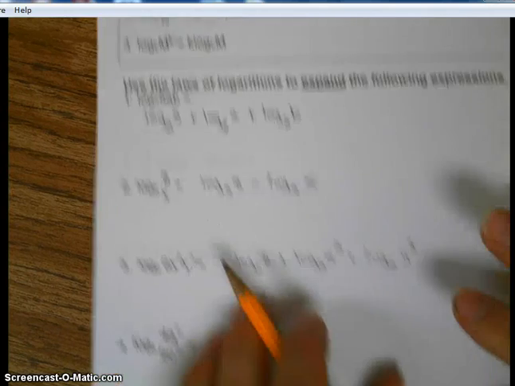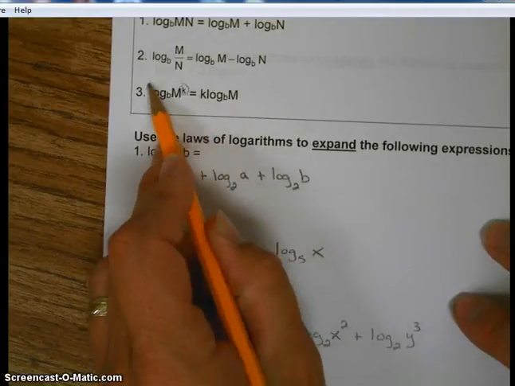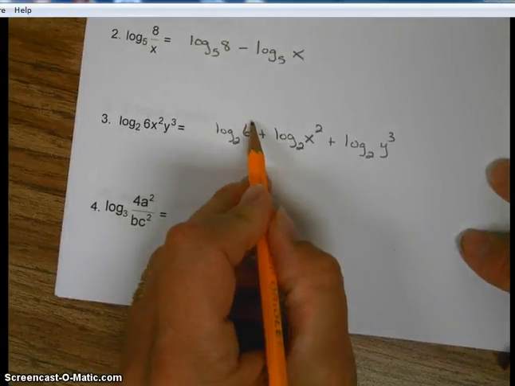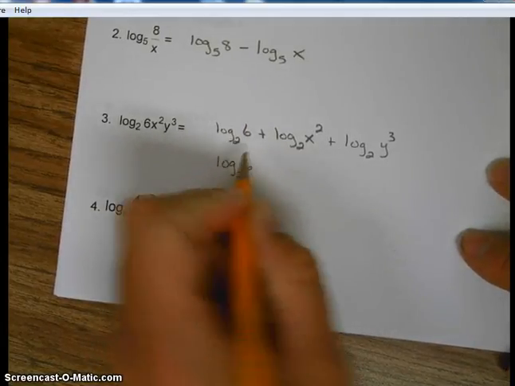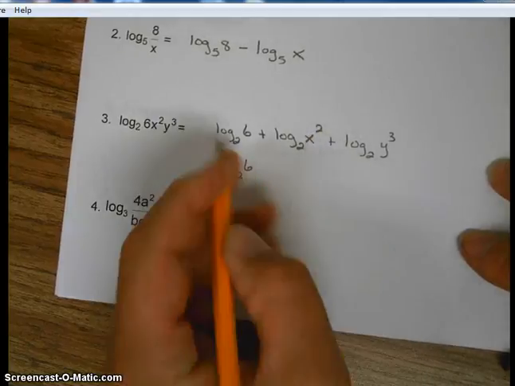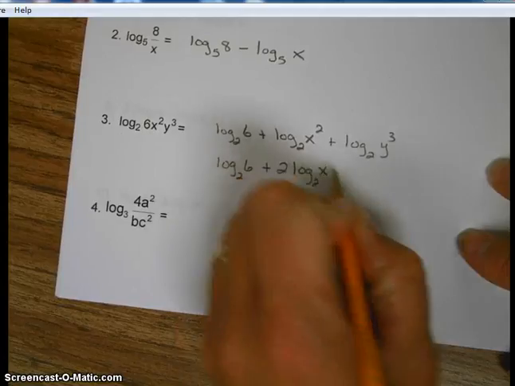Now we have some exponents here. So we're going to apply the third law here, where we're going to bring the exponent down front. There's no exponent to bring down front on the 6, it's just 1, so that's going to stay the same. Here we have a 2, so we're going to bring it down front. So plus 2 log base 2 of x.